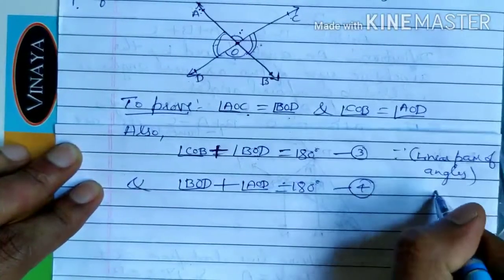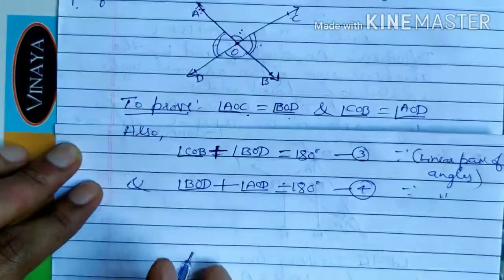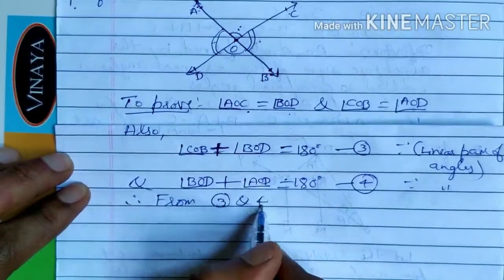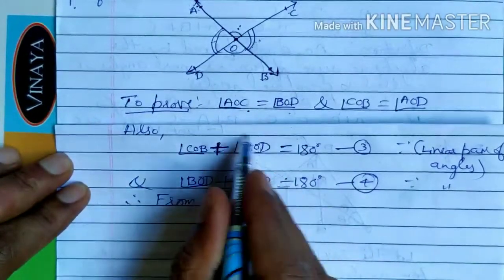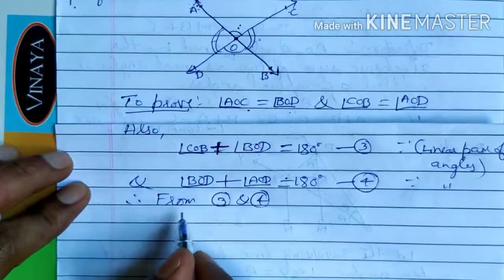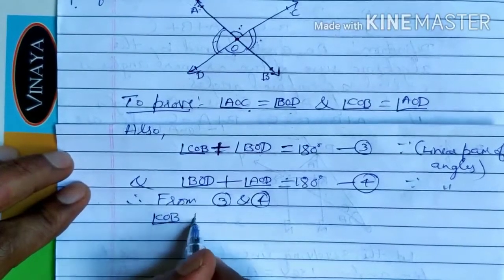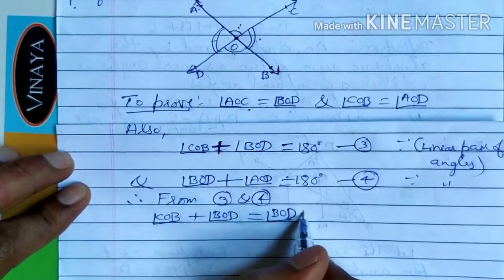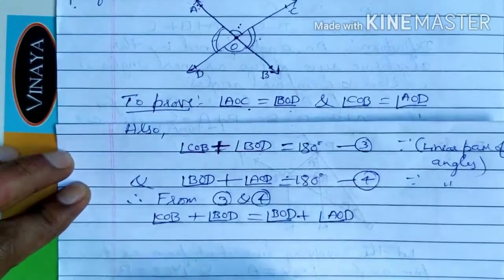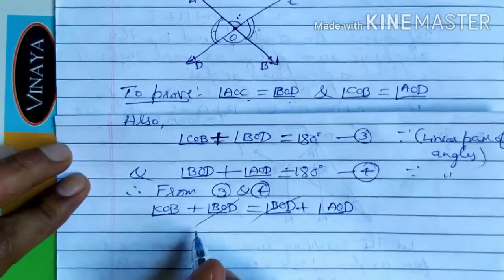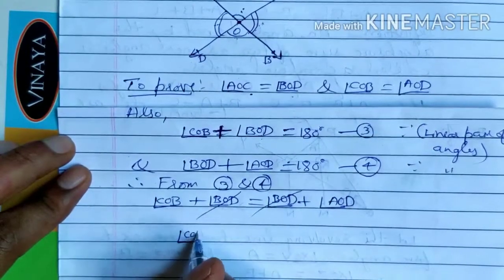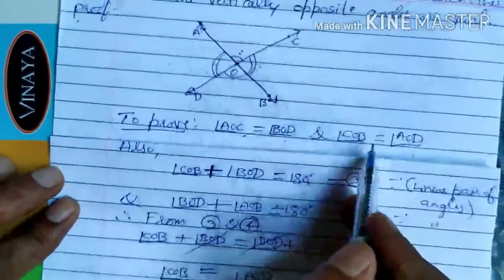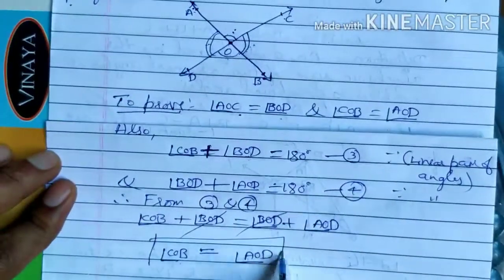This is the fourth equation, same reason, linear pair of angles. Therefore from 3 and 4, the right hand side is equal, 180, so the left hand side must be equal. Angle COB plus angle BOD is equal to angle BOD plus angle AOD. I can cancel BOD, and the angle remaining, COB, is equal to angle AOD, and that is the required answer.